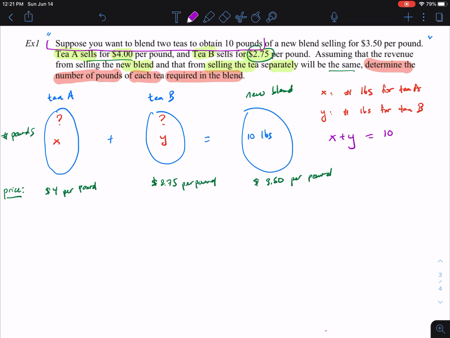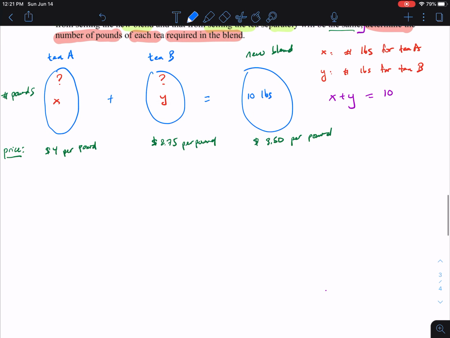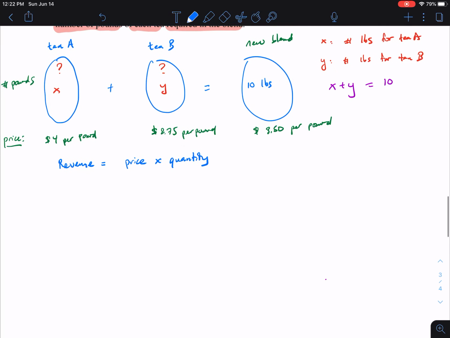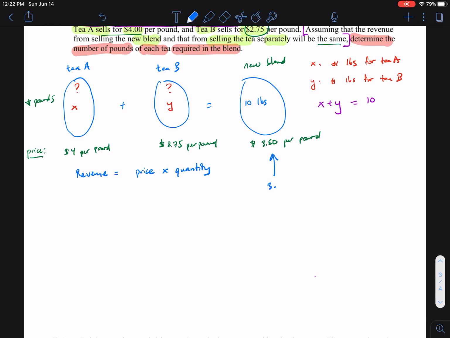There's one more piece of information that we're supposed to extract, and that is this here. It's assuming that the revenue from selling the new blended tea and from selling these teas separately will be the same. If you recall, revenue is equal to how much per pound times how many pounds you're selling, which we call the quantity. That's how we calculate revenue. For the new blended tea, the revenue is 3.50 times 10, the total number of pounds we're going to sell, which is $35.